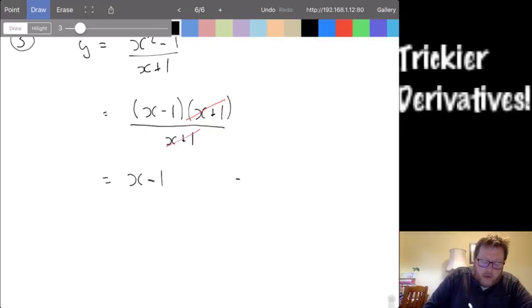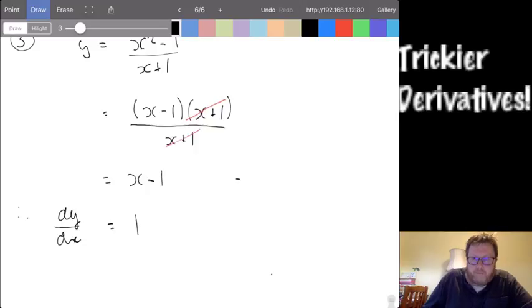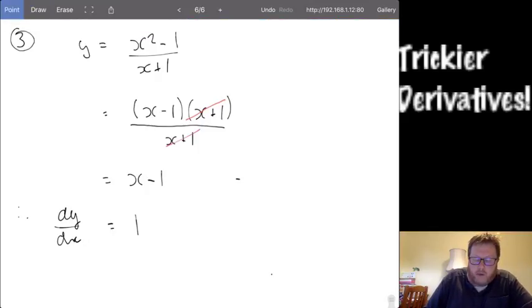So, and I'm going to use my other notation now instead of f dash of x, I started with y, so I'm going to use dy by dx, small change in y over small change in x, is equal to, oh, that's pretty easy, 1. So that horrible expression at the start has a derivative quite simply of 1. Again, in case you weren't sure, x is raised to the power of 1, so it becomes 1 times x to the power of 0, which is 1, so it's just 1.